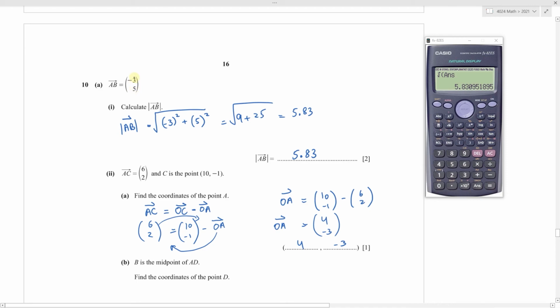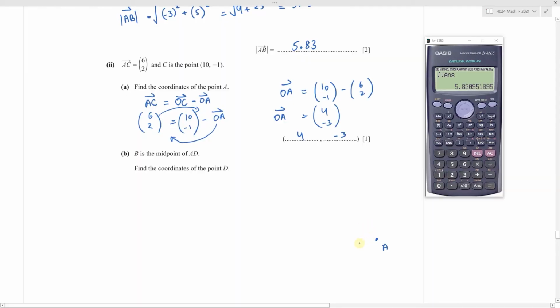So minus 3 in X and positive 5 in Y. So I will go minus 3 in this direction and then positive 5 in this direction, and I will get to point B. So this is my vector AB. And since B is the midpoint of AD, that means if I extend this vector and double the value, so I go another minus 3 and another 5, I should reach point D, right?